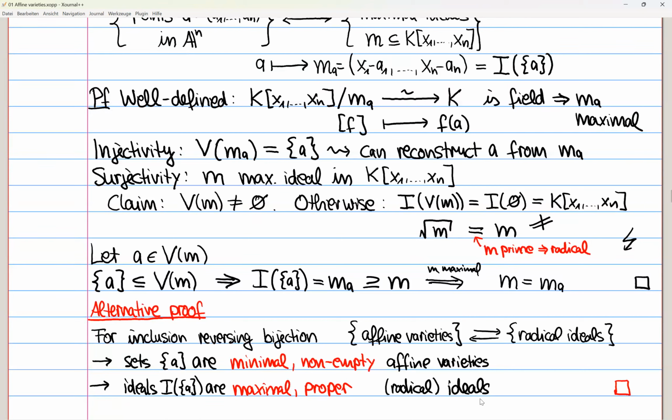And then you just need to see that an ideal which is maximal among radical ideals is also maximal among all ideals.